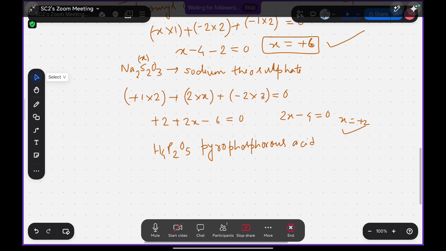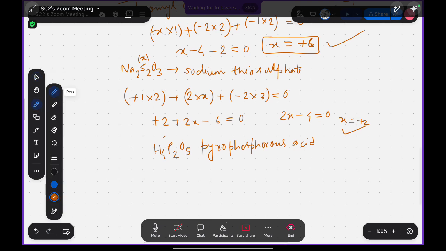Now we are asked to calculate the oxidation state of phosphorus here. So let's take x. So +1 into 4, since hydrogen is bonded to phosphorus and oxygen, which are more non-metallic than hydrogen, so it is +1. +1 into 4 plus 2x and oxygen to be -2 into 5 is equal to 0.